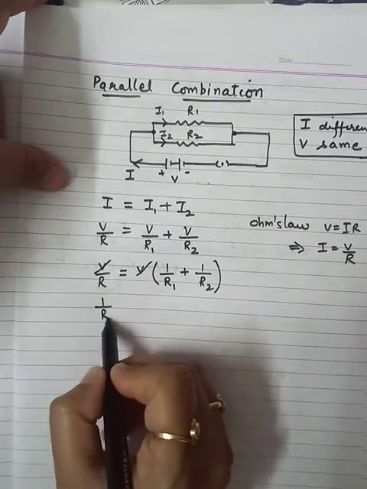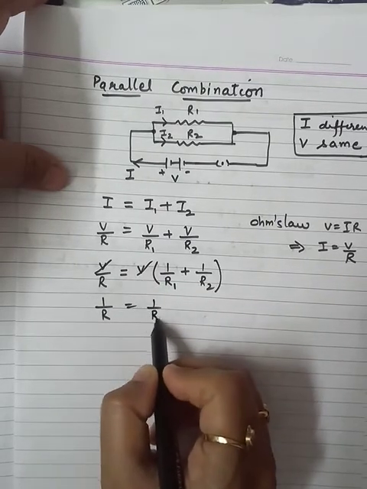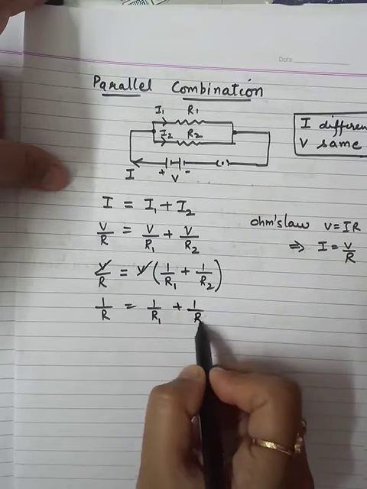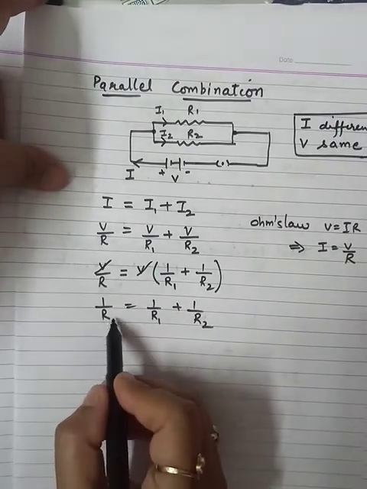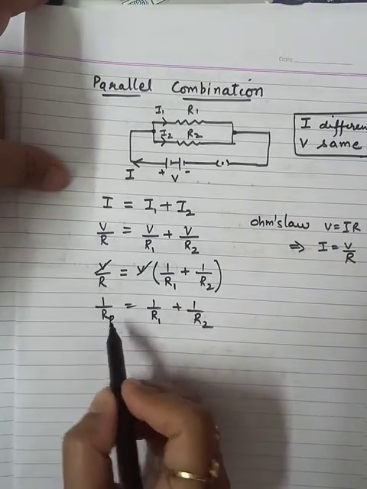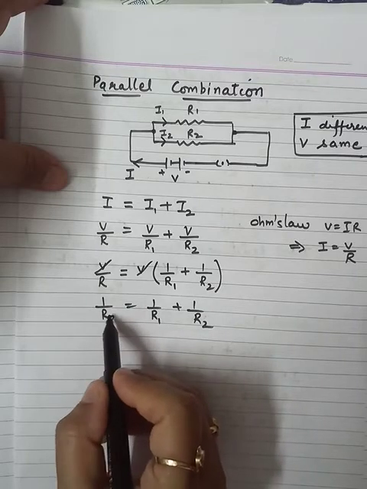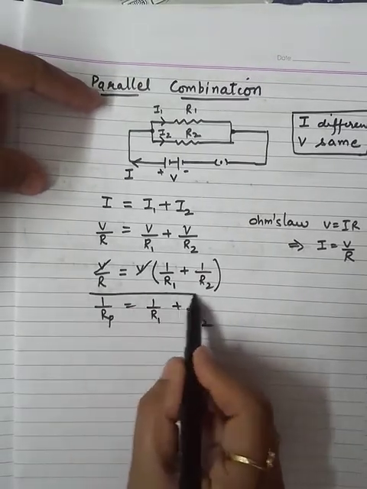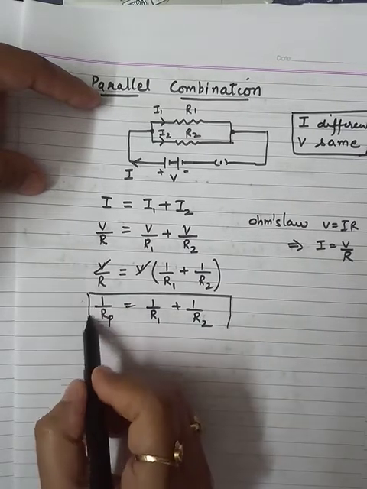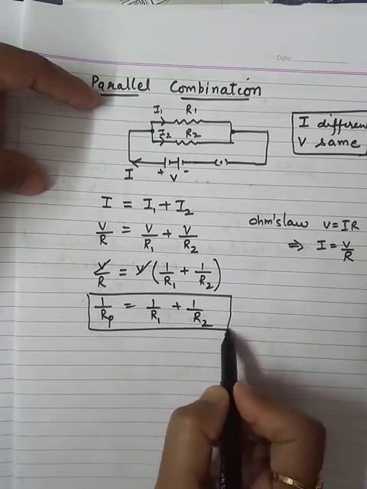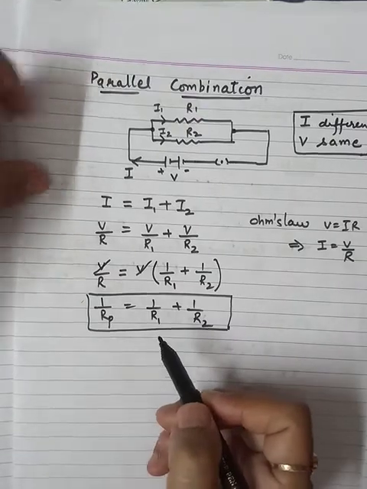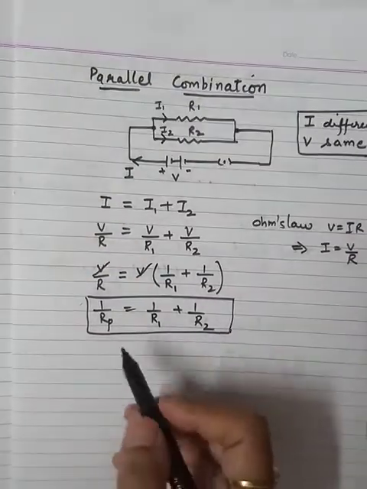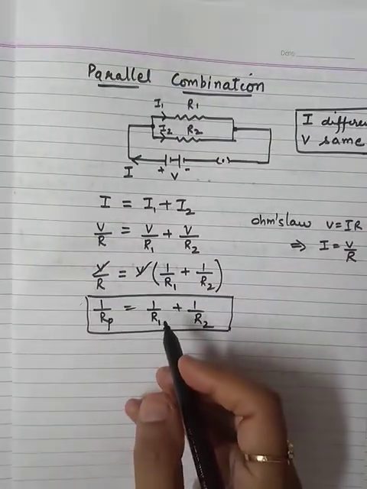It becomes 1 upon R is equal to 1 upon R1 plus 1 upon R2. It can be represented as RP, the total resistance in parallel combination, and it can be written as R effective, or R equivalent also. So this will be the formula for parallel combination, right?